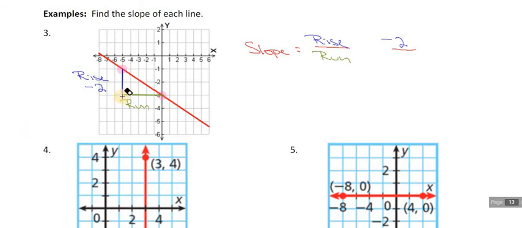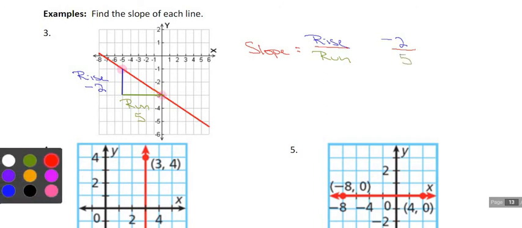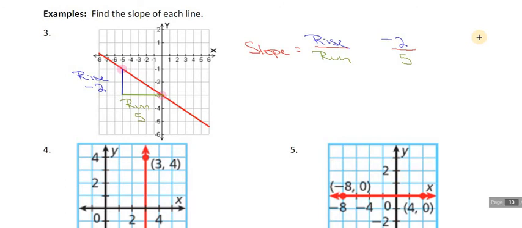Sometimes I say things and write things that are completely different. Run was 1, 2, 3, 4, 5. Yeah, sorry. The run was +5. I can't simplify -2 over 5. So my answer here for my slope is just -2/5. And we like slopes to be in fraction form.